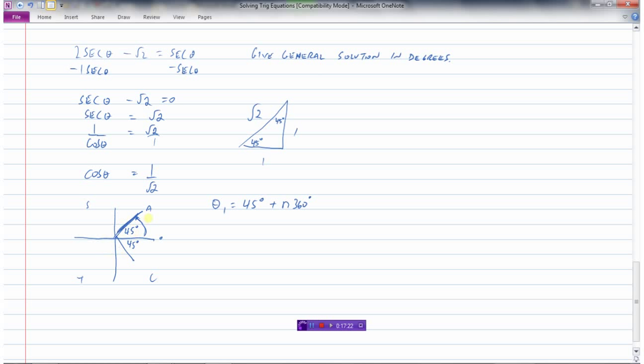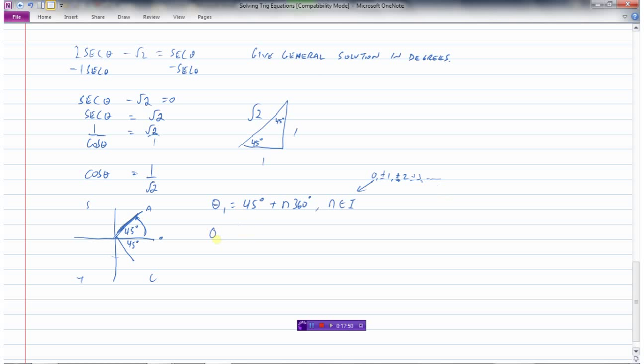I'm going to end up in the same spot. And we'll just tell people that n is an integer. So this n here means you can add 1 360 or 2 360, or you could back up minus 1 360, minus 2 multiples of 360. So n's a number like integers. Integers are like 0, plus or minus 1, plus or minus 2, plus or minus 3, and so on.